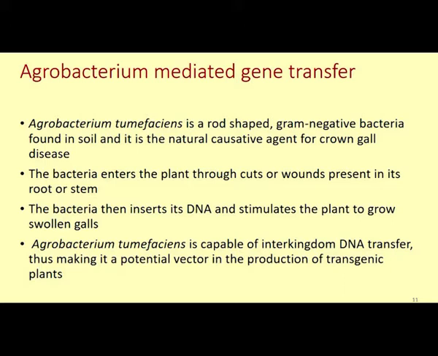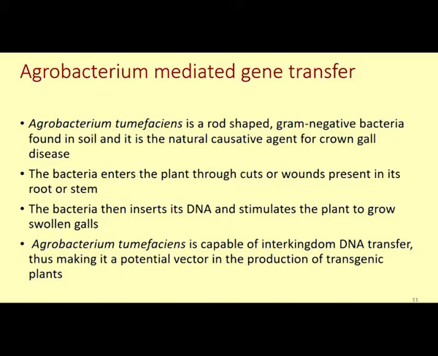The bacteria enters the plant through cuts or wounds present in the root or the shoot system or the stem. The bacterium then inserts its DNA and stimulates the plant to grow swollen galls or tumors. Agrobacterium tumefaciens is capable of inter-kingdom DNA transfer, thus making it a potential vector in the production of transgenic plants.